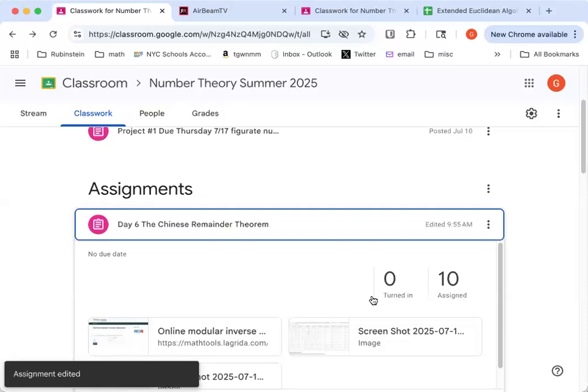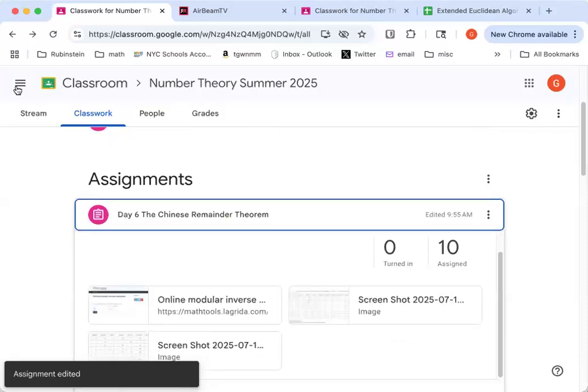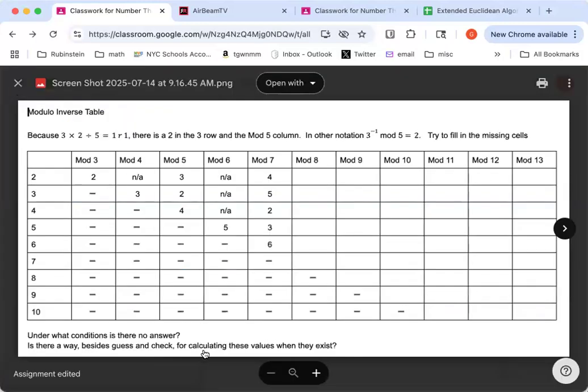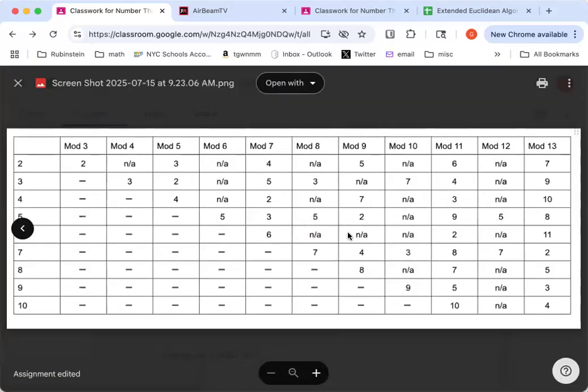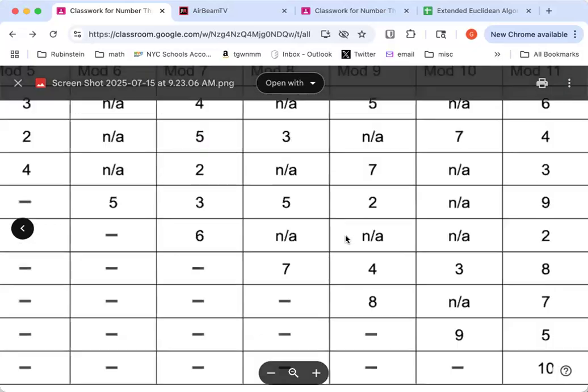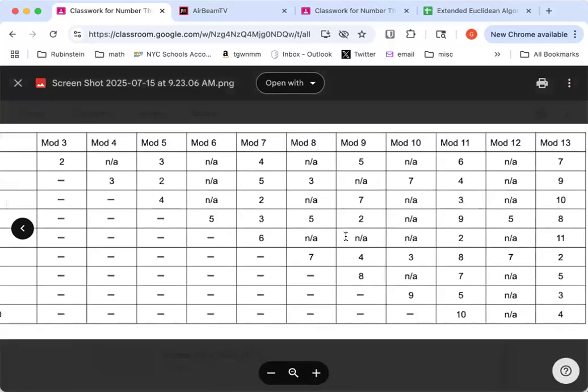Okay, this should be better. Screenshot. Let's see. That's the bad one again. I'll have to delete that one. Instead, this new one. Okay, so as you can see, the entire chart is filled out for you now.